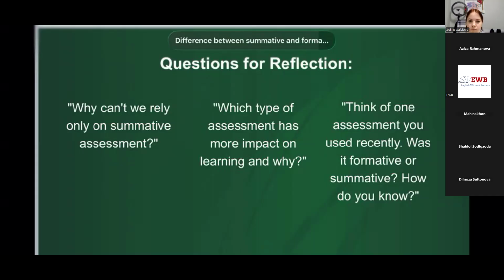Yes, summative assessment is also important because, as you mentioned, it's our final goal and our final destination. But without formative assessment, without checking students' learning, and without supporting them, reaching our destination might be a little bit difficult, both for teacher and students.